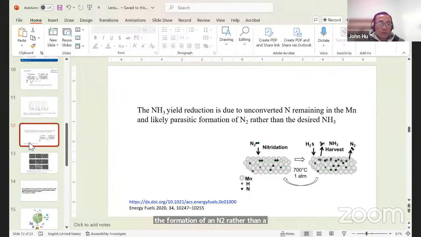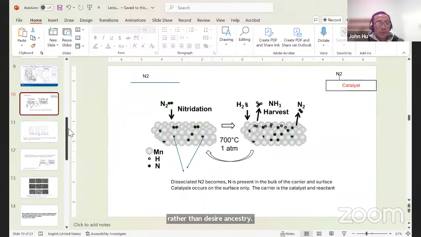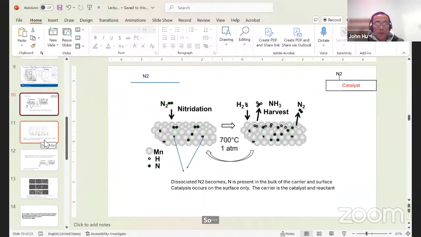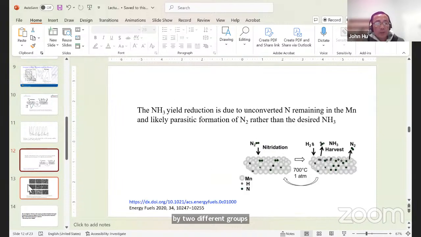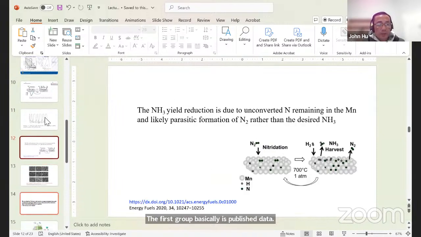So the two papers are by 2 different groups. The first group publishes data, and then the second group publishes data using the same thing, but they say the yield decreases.